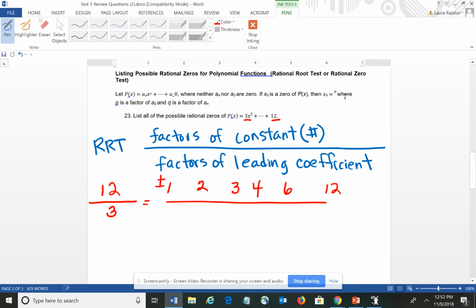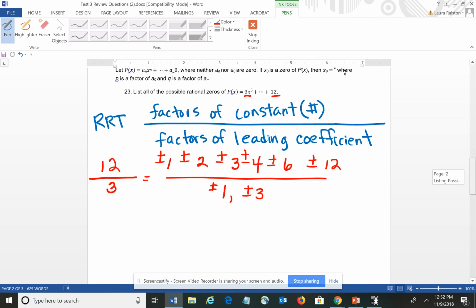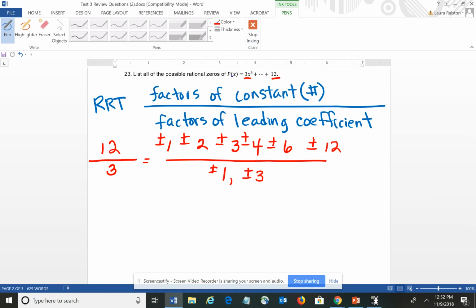And I do have to allow for the possibility that they are positive or negative because I don't know what they are. And then to think about the factors of the leading coefficient, I can multiply together 1 and 3 to get 3. And then I want to look at the ratio of each of those numbers.